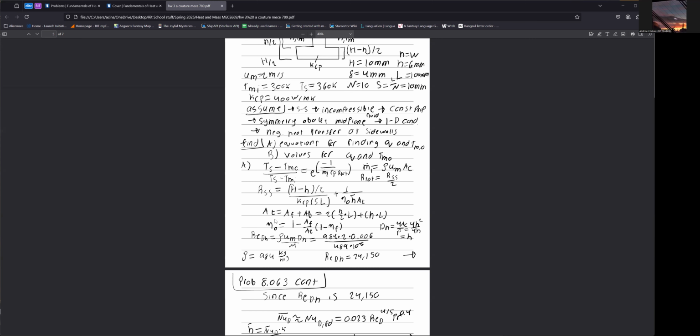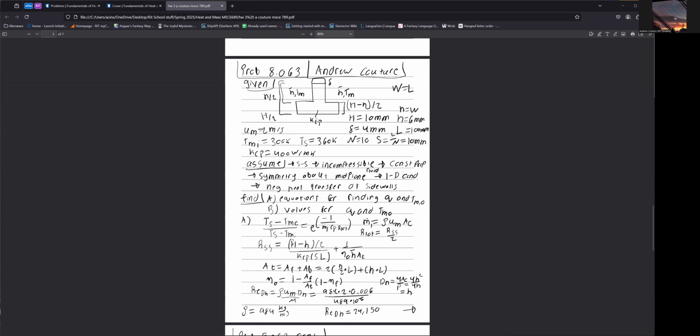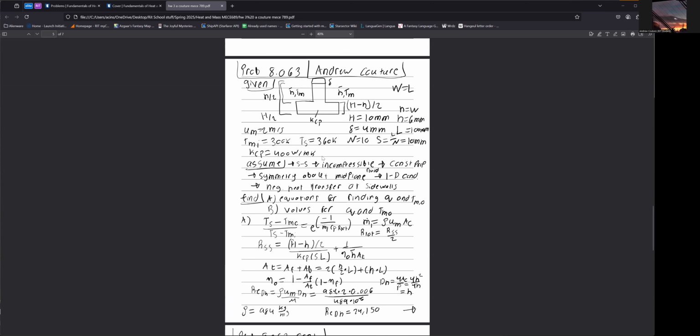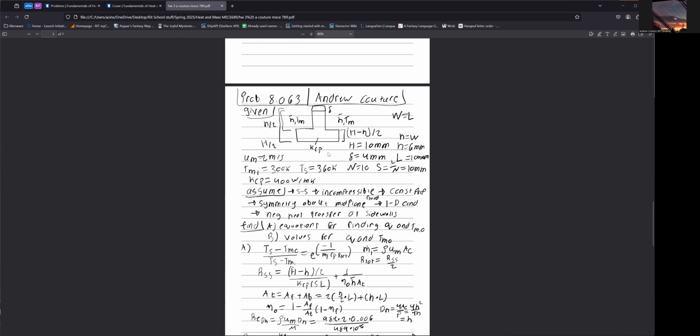Oh, area total, my bad, sorry. A_f is the area of the fins, this tall section right here. A_b is the base down here. That's the area, doing a cross-sectional analysis, as you can see right here. So that's why it's H by L.